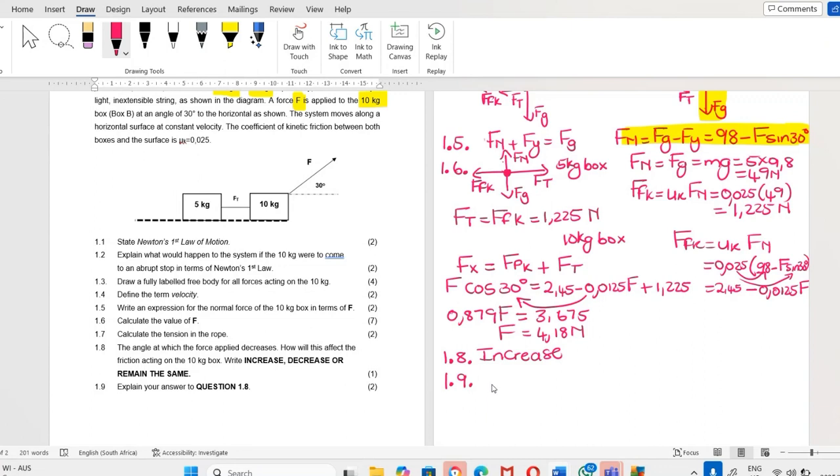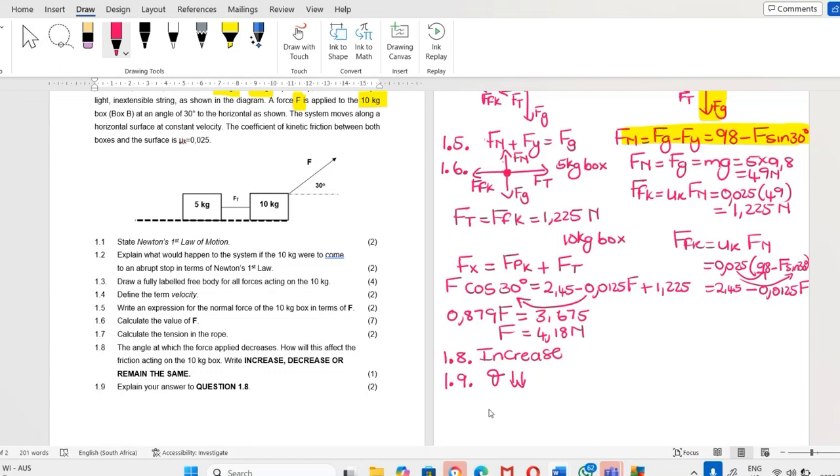So now remember, if the angle theta decreases, then what actually happens is that the 10 kg box increases in its contact with the ground.